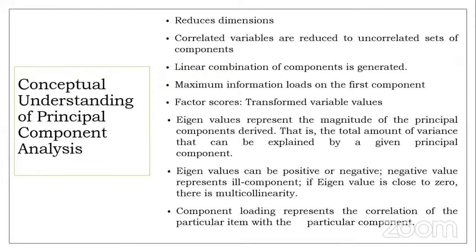PCA gives us multiple components. There can be 2, 3, 4, 5, even 25, 100, whatever. But if you check all these components, you will find that the first component will always take up the maximum information about that particular set of variables which you are working with. Here we get the factor scores. Factor scores are basically the transformed variable values.